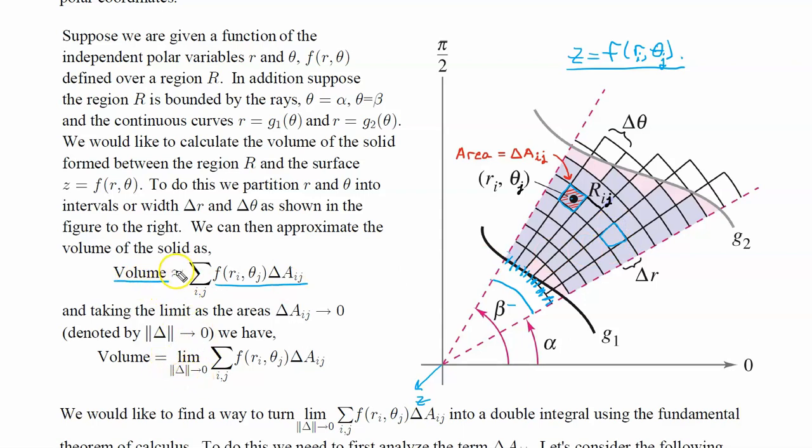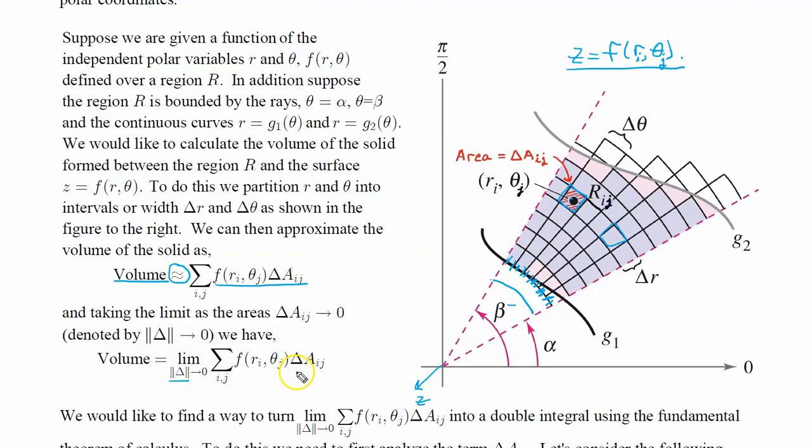And this approximation, of course, becomes better and better as we let these little regions get smaller and smaller. So in the limit, as the size of our partitions goes to 0, we will get exact equality here.